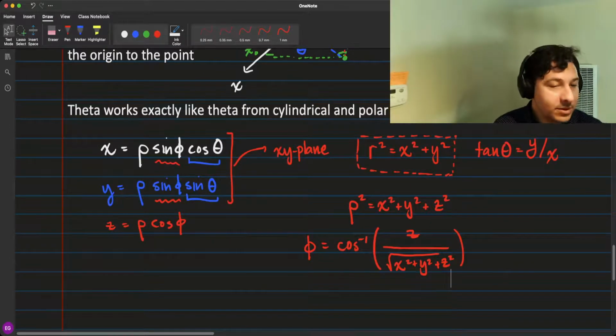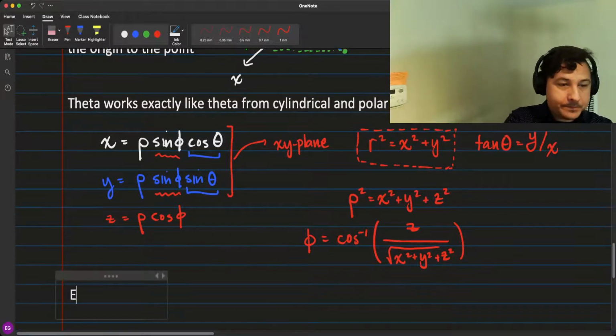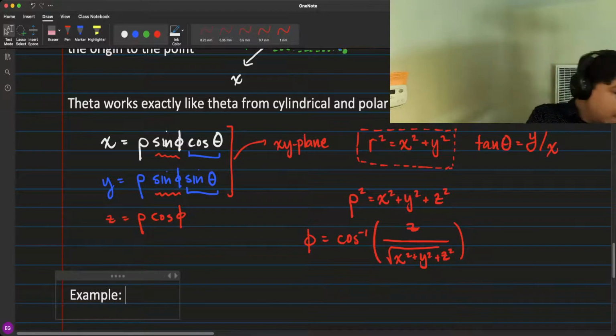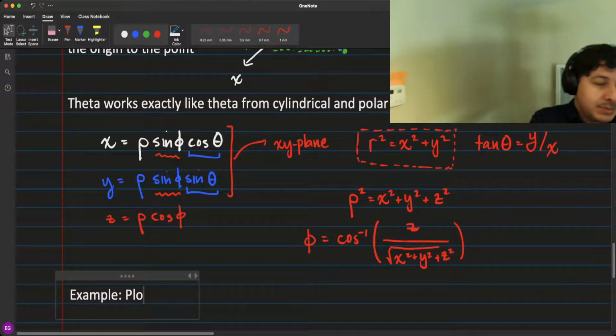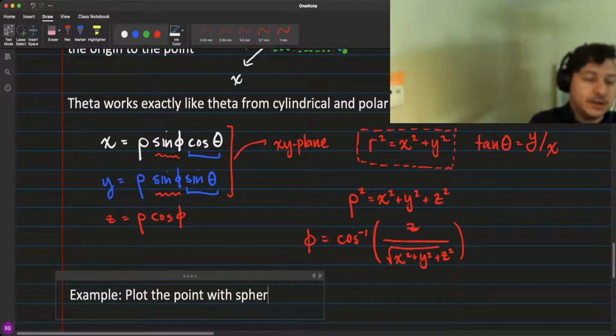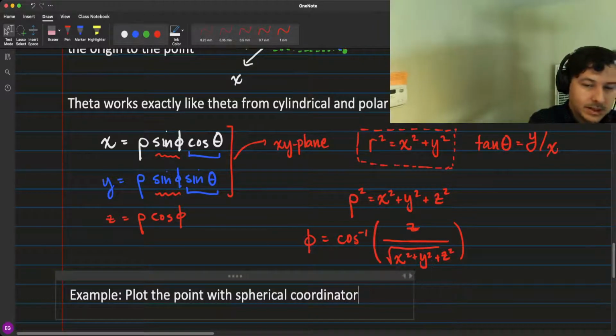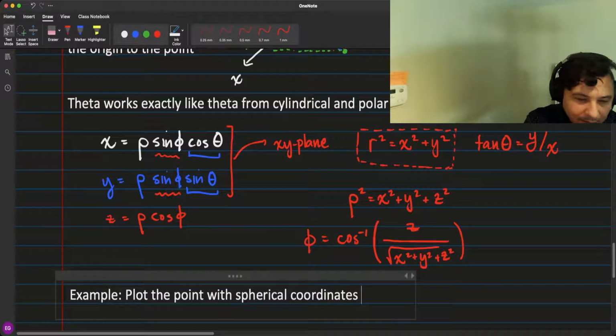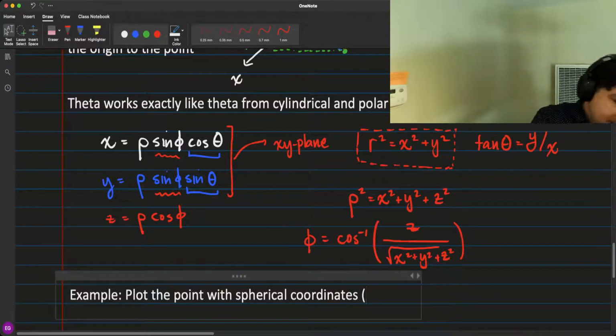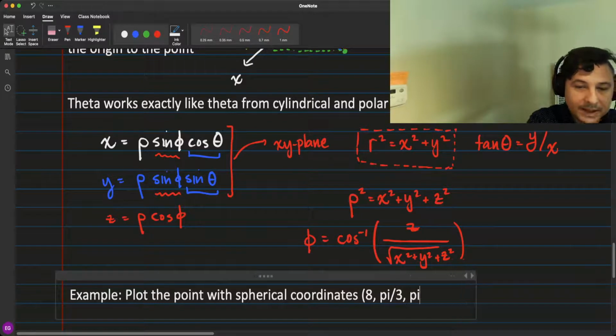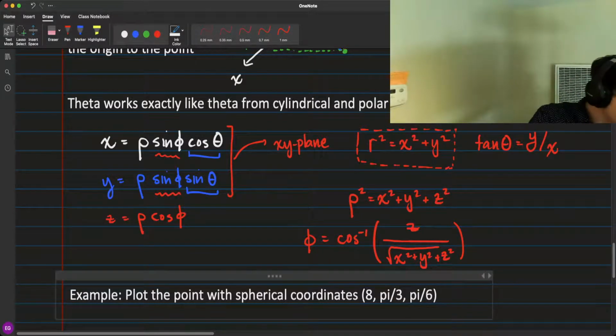So in our example, let's plot the point with spherical coordinates 8, pi over 3, pi over 6, and let's also convert.